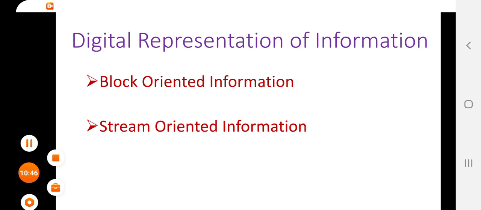Such a voice signal we represent as an analog signal. In the next concept you will clearly study what is analog and what is digital. Just now remember these stream oriented information are represented as analog signals because they vary continuously, they change continuously.